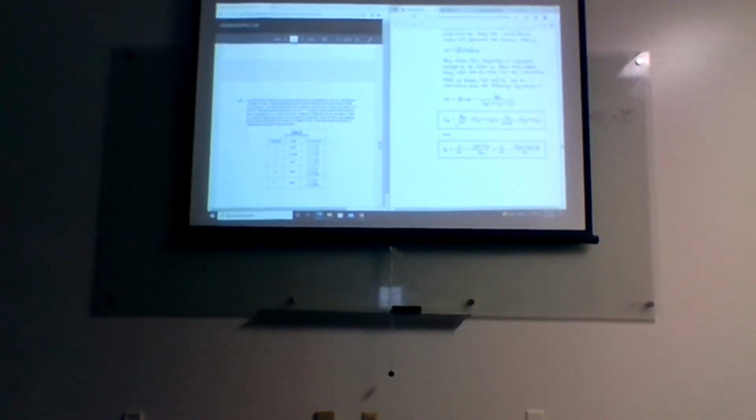Omega T, where the pointer is, is 2 pi FT, so you can use that equation.